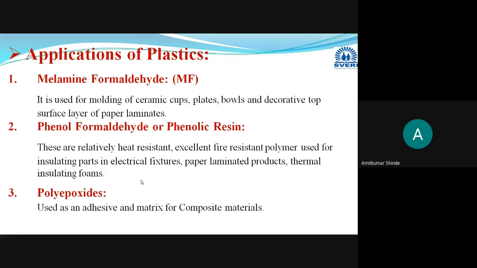To join different metals to fibers, or metals to plastics, you need an adhesive, and generally we use polyepoxides because they have excellent adhesive properties. They easily join different materials. That's why we use polyepoxides as adhesives in different composite materials. And we will move towards the next slide.